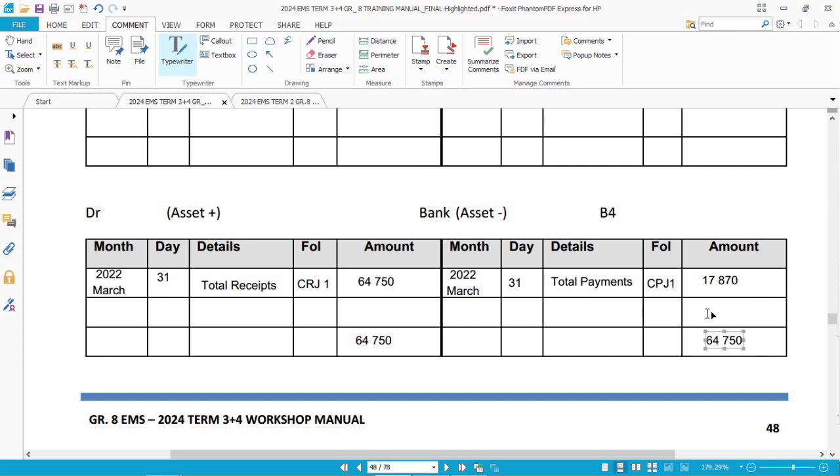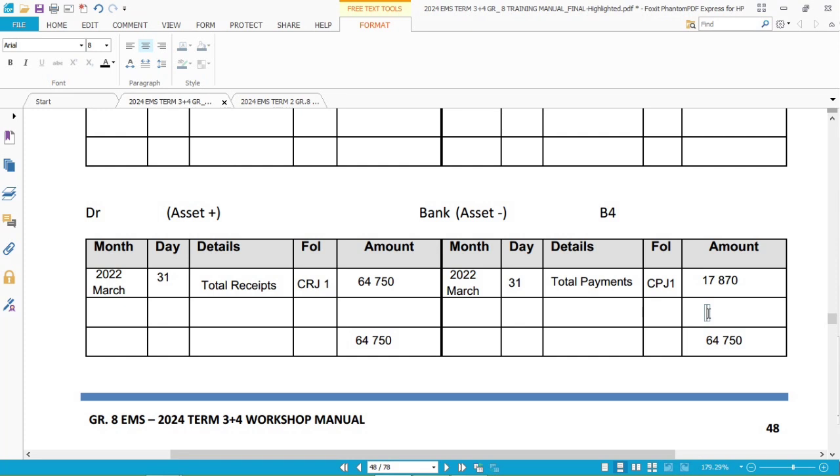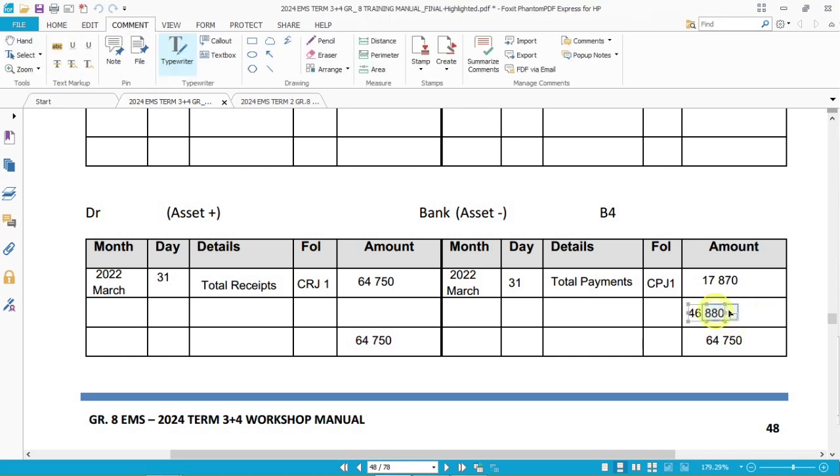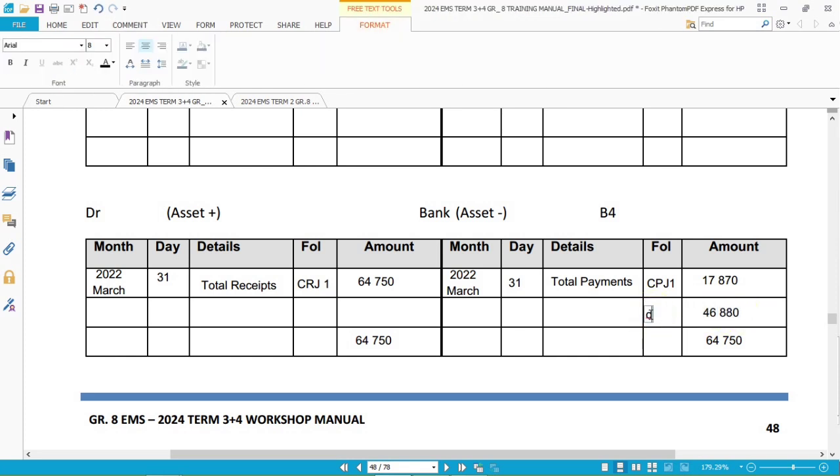When you subtract 17,870 from 64,750, you get 46,880. Then you write CD here. This CD stands for carried down.